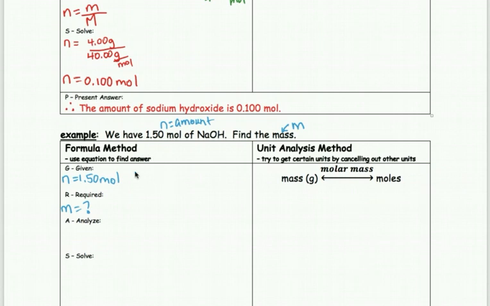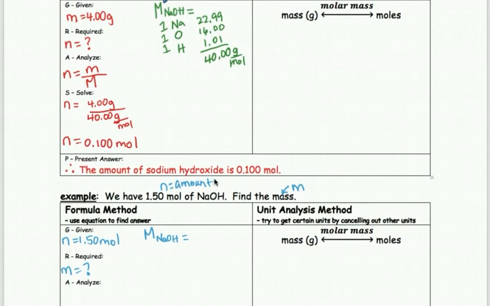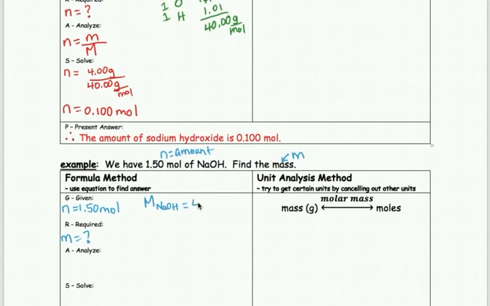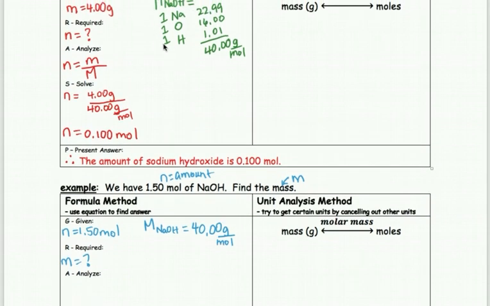As usual, we do have the molar mass of sodium hydroxide. I'm going to cheat here and look up here. Remember we found it already at the top, so we're just going to use that. You can do that in other questions too, but you've got to make sure the molar mass was calculated correctly, because otherwise everything's going to be wrong.